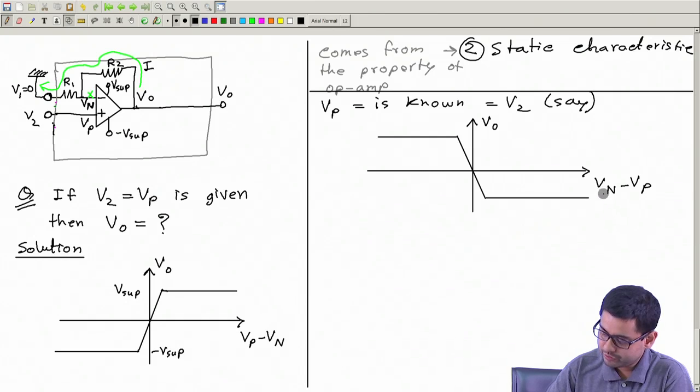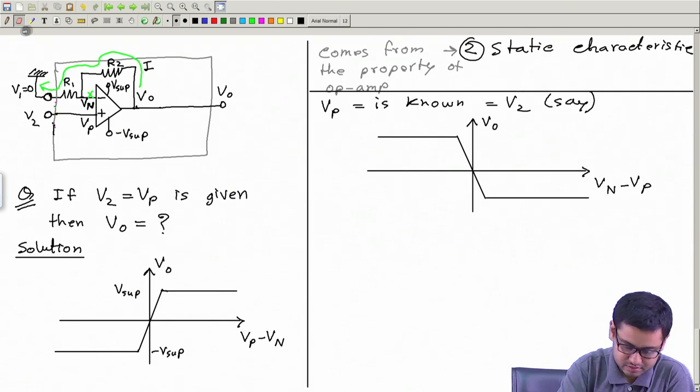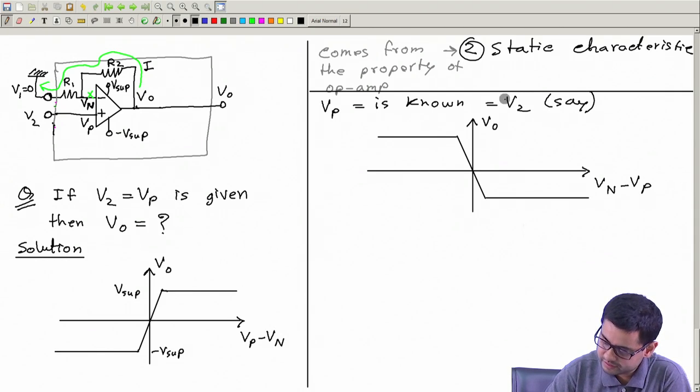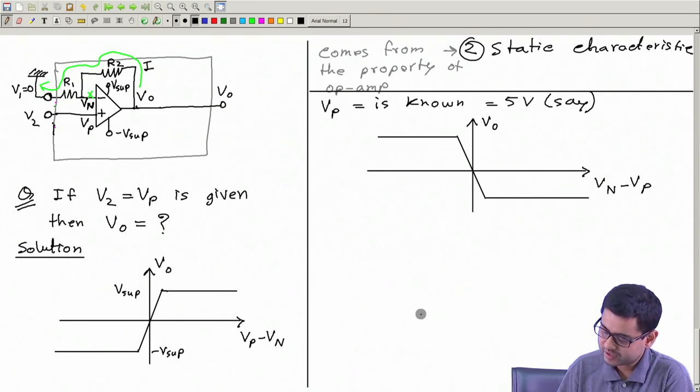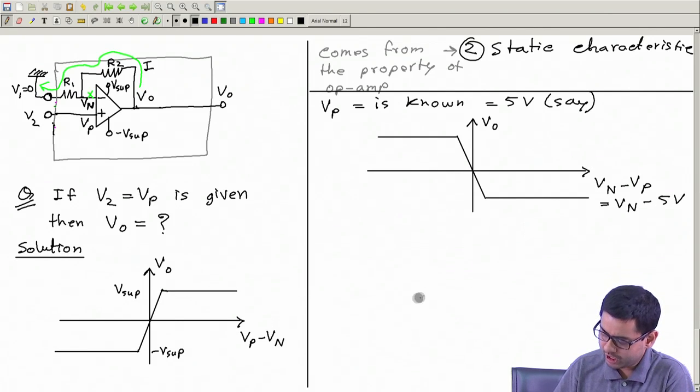So this is Vn minus Vp, and so also let's take an example that say this is equal to 5 volt. Okay, so if this is equal to 5 volt, then here we can write this is same as Vn minus 5 volt, right?